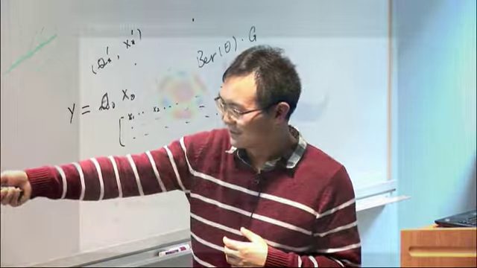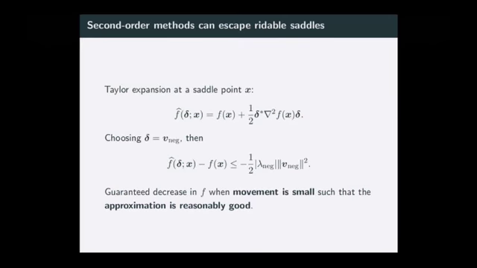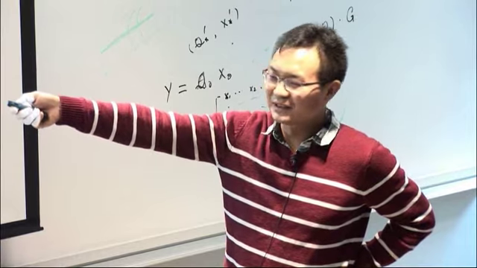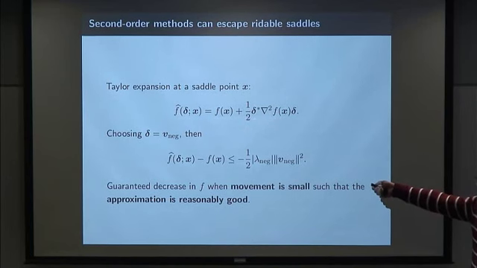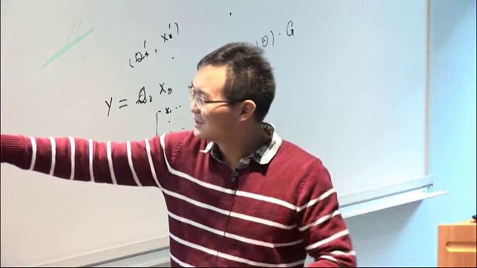I'll describe the second order method. It's pretty easy to see why it works. If you think of a Taylor expansion around a saddle point, it takes this form. The linear term is gone because the derivative is 0.